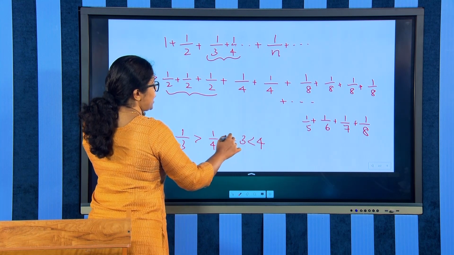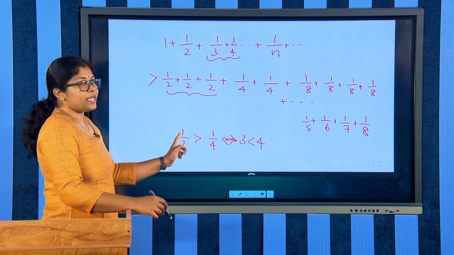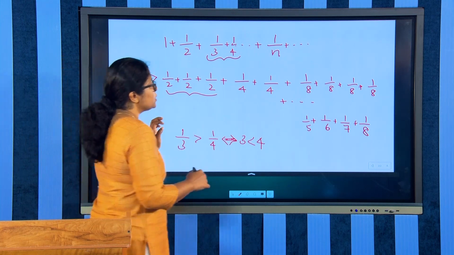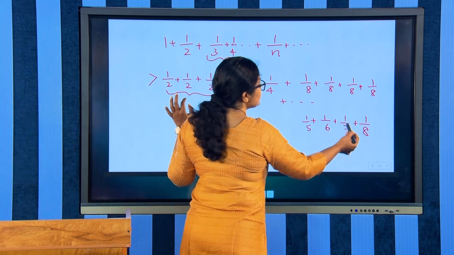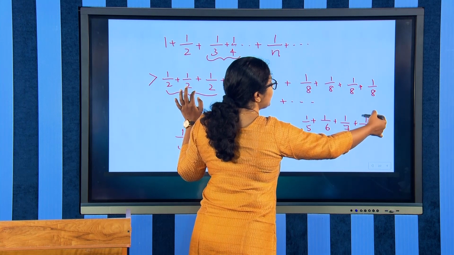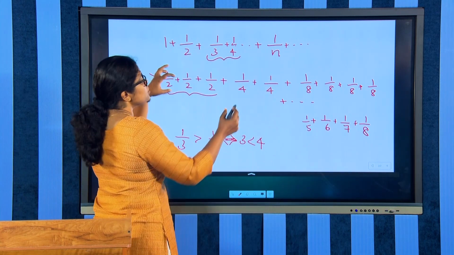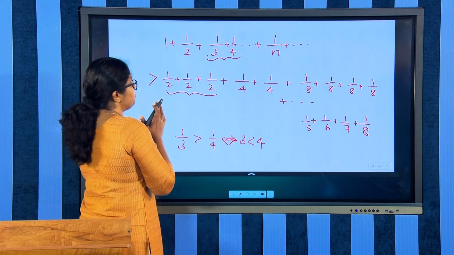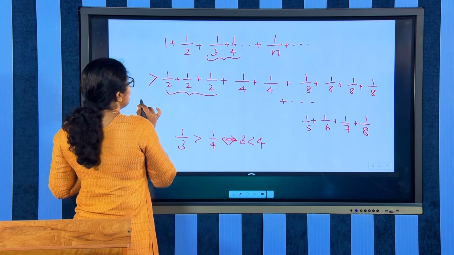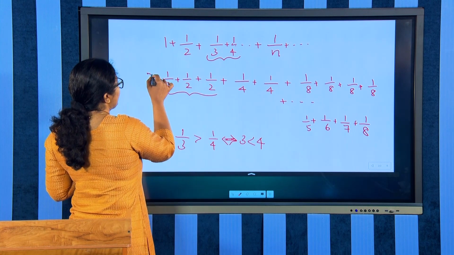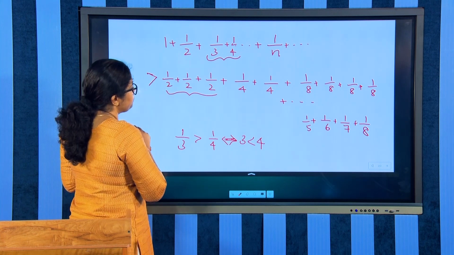Similarly, 1 by 5, 1 by 6, 1 by 7 replaced by 1 by 8 gives a smaller collection here. So, you have the notation greater than or equal to on this side.